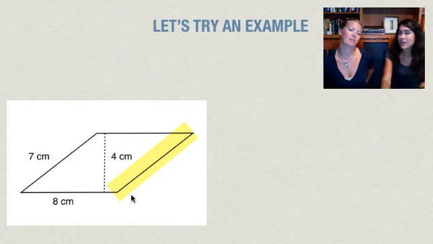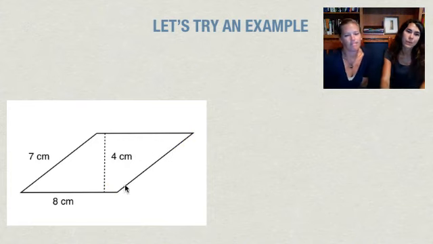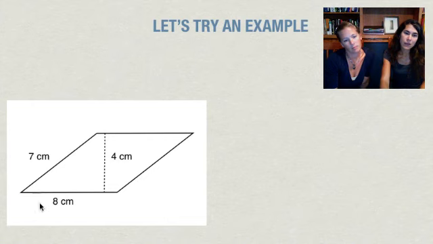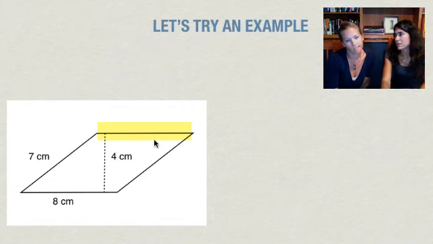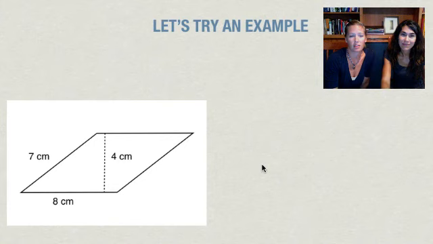So once again, you have to really think it through. Here too, we have 8 centimeters. That means the opposite side will also be 8 centimeters. I was thinking just to add 8 and 7, but that wouldn't be right. That's only 2 sides. And it might be tempting to say, 8 plus 7 plus 4.